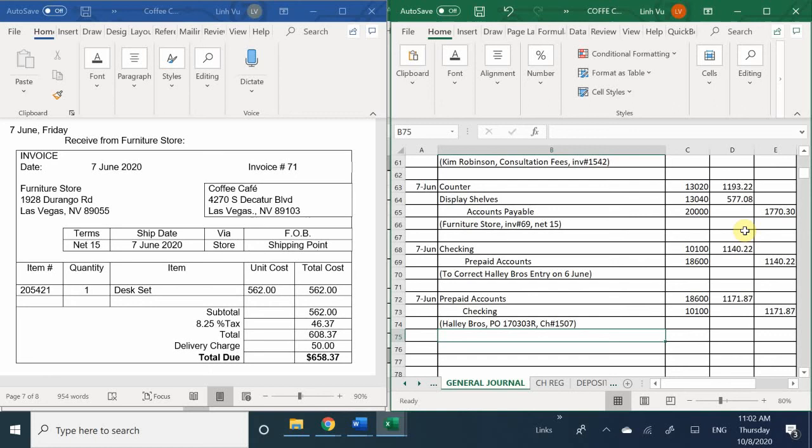So, what are we going to do here? Include it in the general journal, yes. Debit the desk. Do we have an account for the desk set?